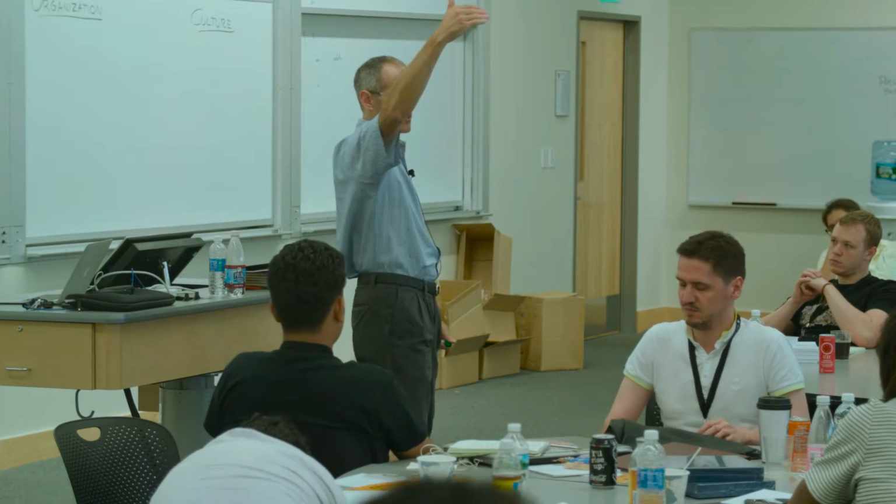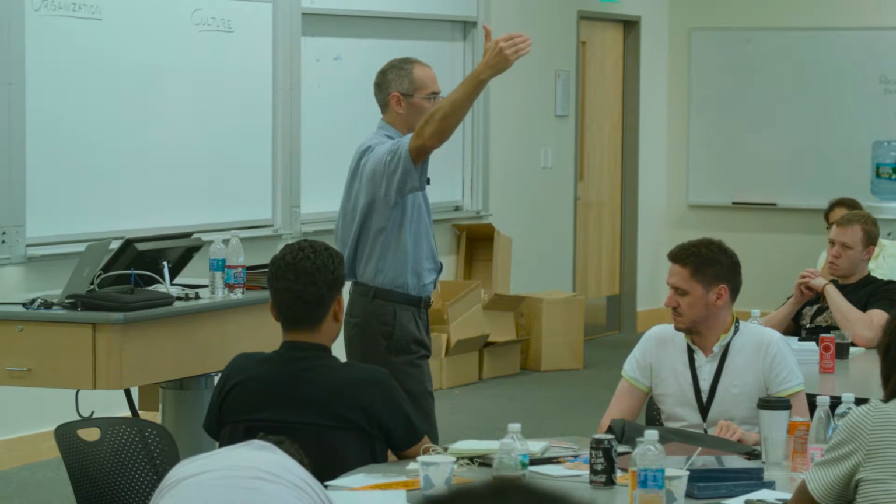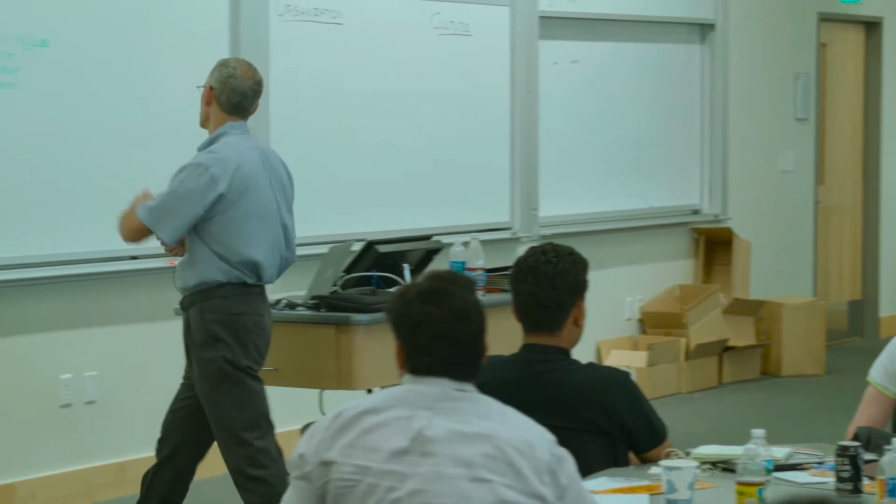Why else are wild ideas helpful? Yes, please. So it hints at the borders of the bounds of what's reasonable. Okay, so what's reasonable is maybe not quite that far out, but maybe there's something halfway there that could be useful. So in fact, it goes along with these other two things.